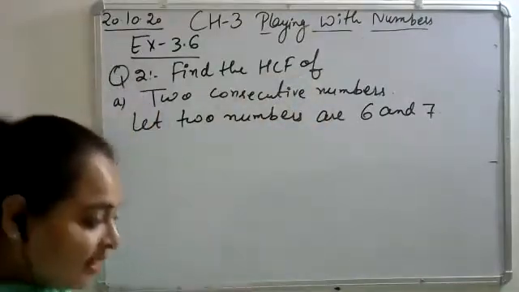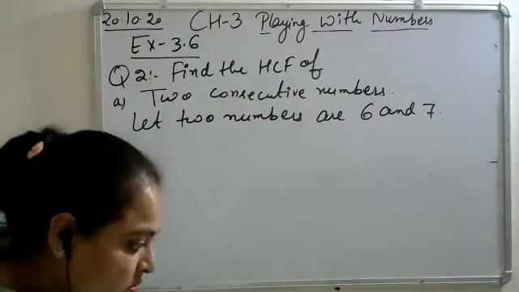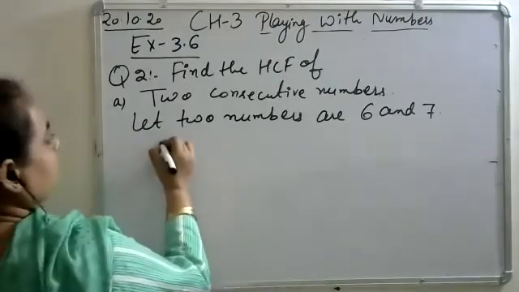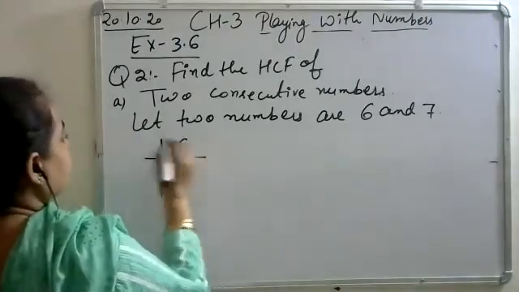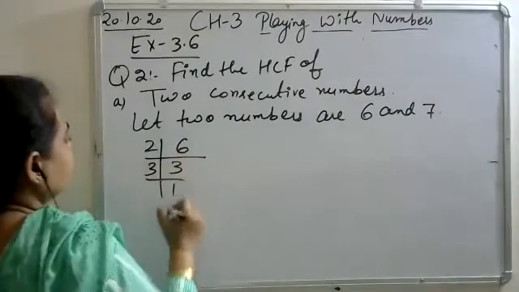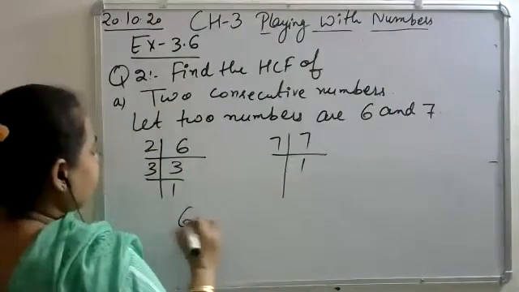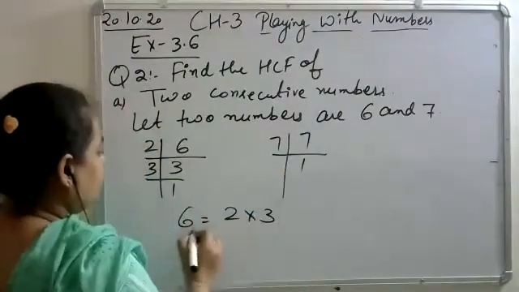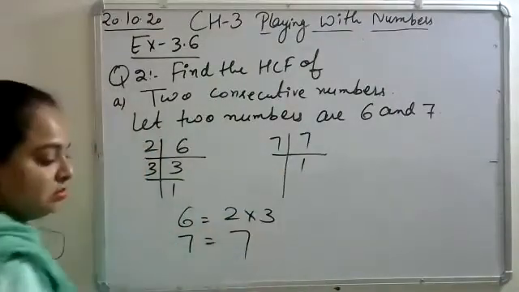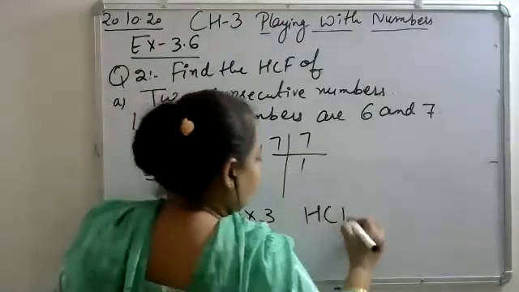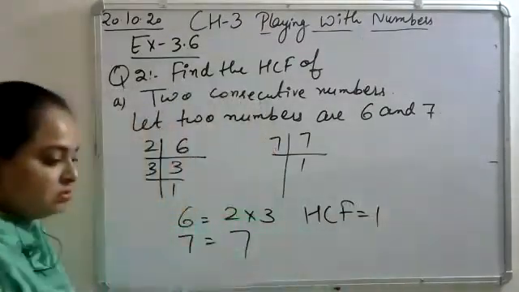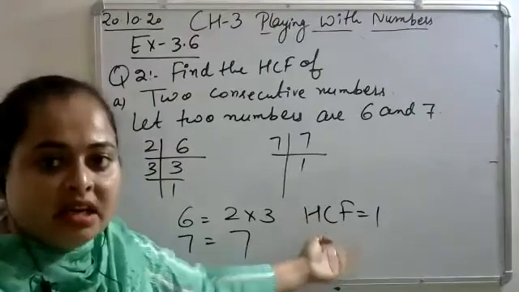Now, find the highest common factor. 6. 7 is a prime number. So 6 is 2 multiplied by 3. 7 is 7. So highest common factor is 1. This is the result.